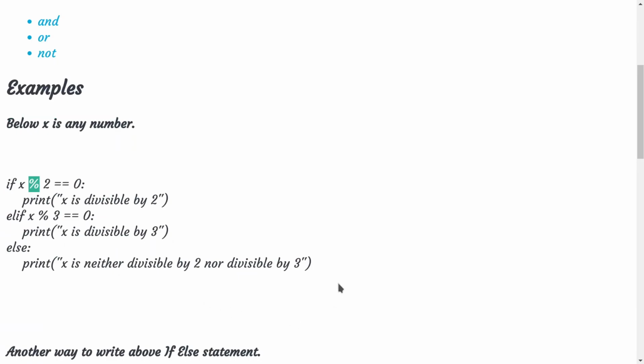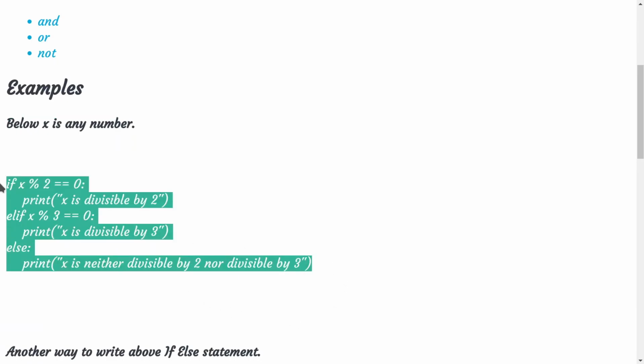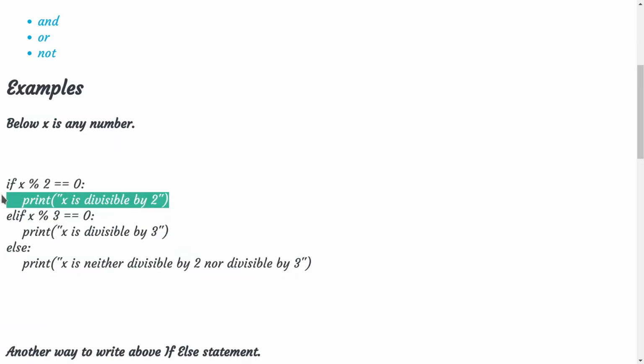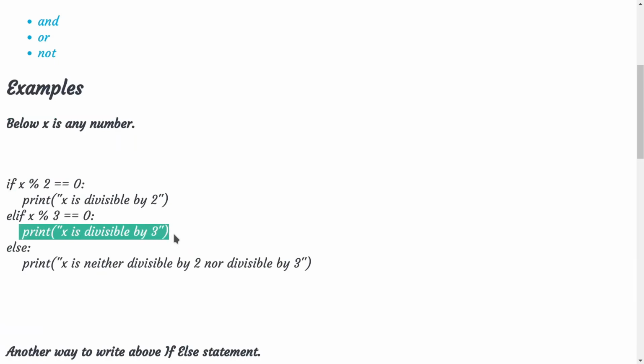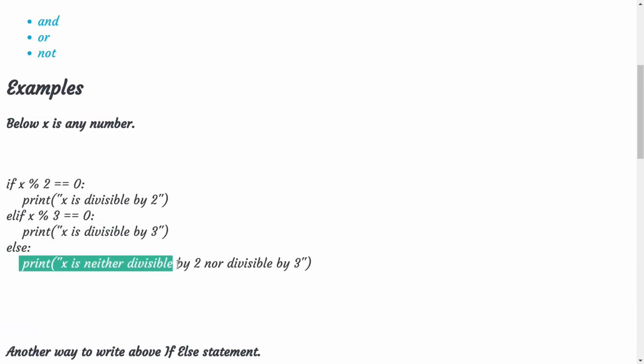So in the first example, we are saying that if x is divisible by 2, such that if we get 0 as remainder by dividing x with 2, then print x is divisible by 2. If x is divisible by 3, such that if we get 0 as remainder by dividing the number with 3, then print x is divisible by 3. In case none of the conditions match, then print x is neither divisible by 2 nor divisible by 3.